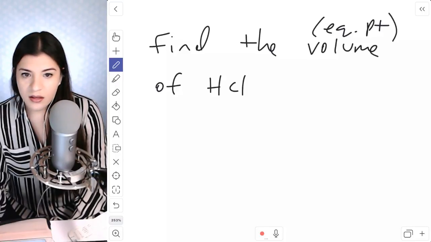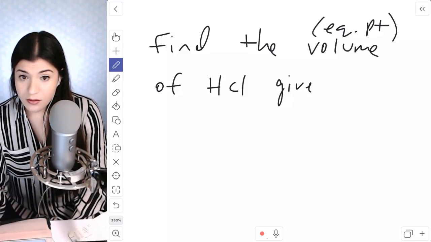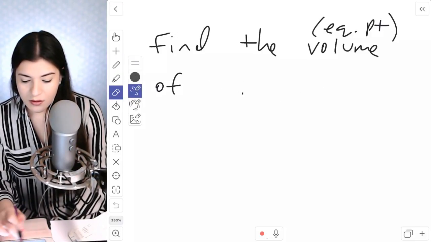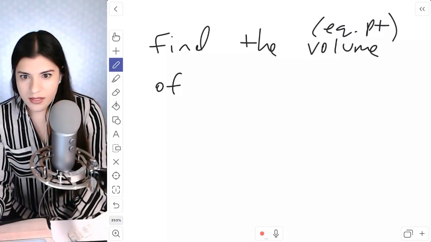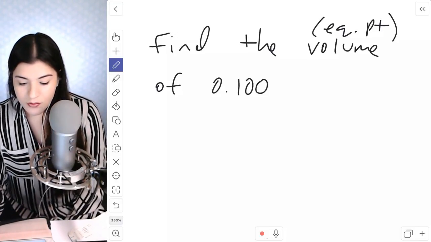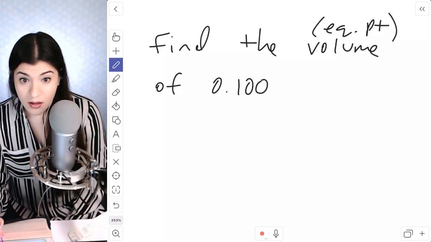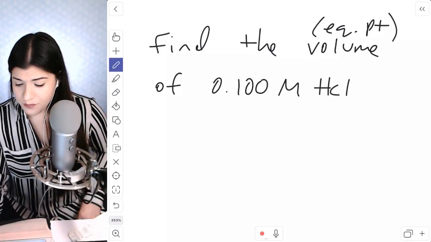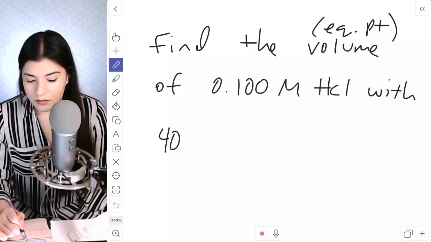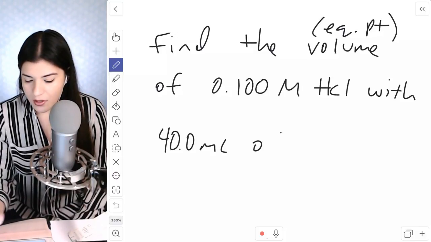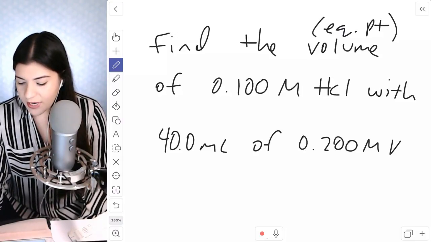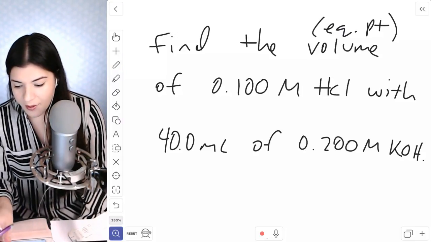Find the molarity of HCl, given that they gave us 0.100, with 40 milliliters of 0.200 molarity KOH. Okay, let's say something like that.